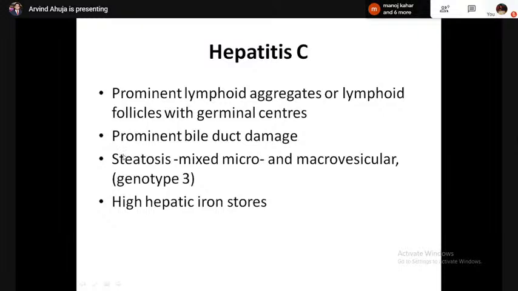Hepatitis C can also show steatosis, which is mostly mixed micro and macrovesicular, and it is mostly related to genotype 3, and you can also find high hepatic iron stores.